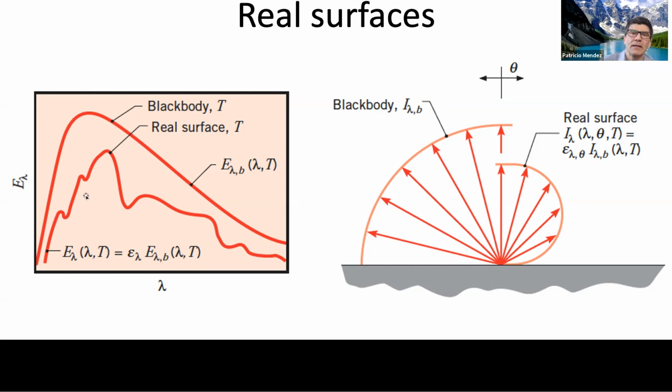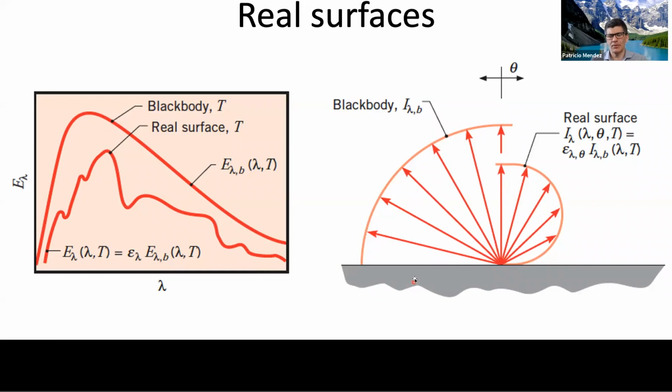Not only do real bodies emit less, but they also don't emit in exact proportion. Different wavelengths have different emissivity factors. But it looks more or less like this. When you do the integral under this area, this is what we would attribute as an overall emissivity to the body.